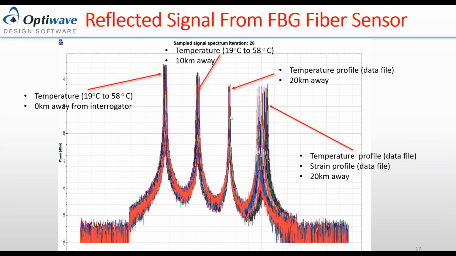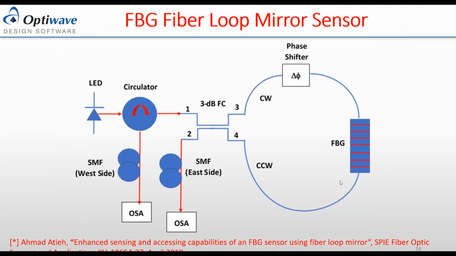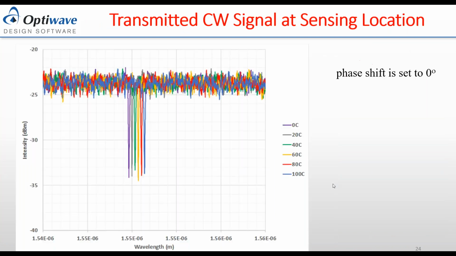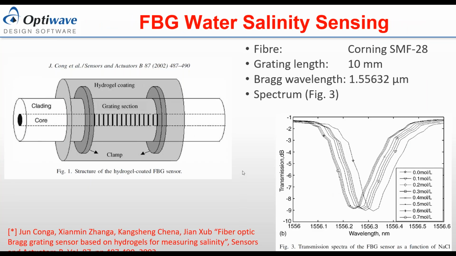The center wavelength tells you what the location is. The amount of shift tells you the effects, and then again you can synthesize and separate the temperature from the strain and so on. With this, I guess I'm going to conclude the presentation. I'm going to look into whether there are any more questions.